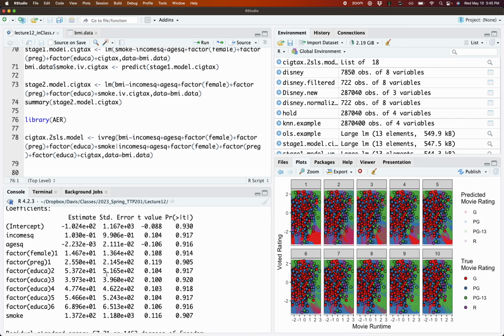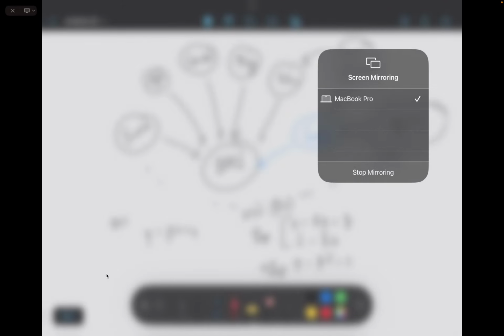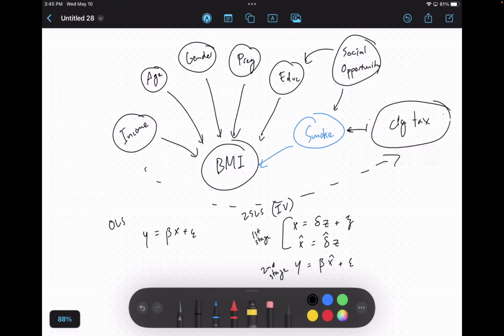So just to reiterate, yeah, the bigger challenge of this part is not running that function. It's figuring out the right instrument. And as we've seen here, even in our example, maybe there's still something that's a little bit fishy.